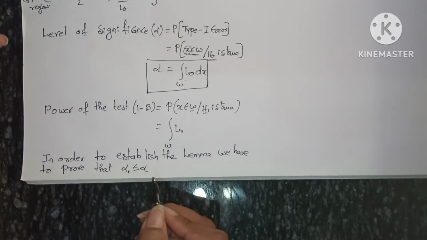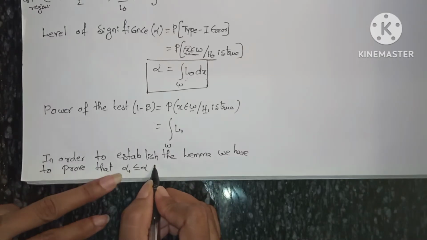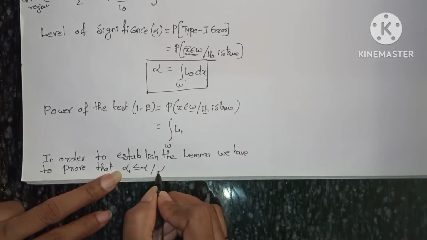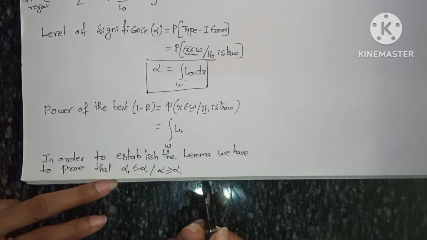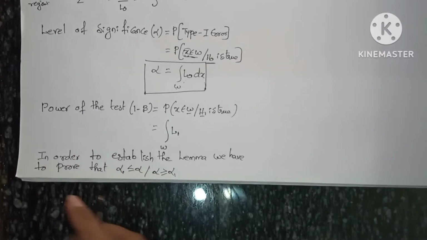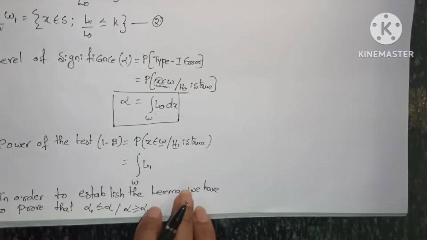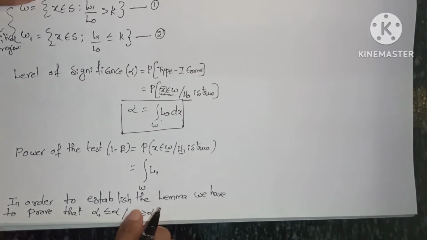That means one set is more powerful than the other. We have to prove that, or else this can be written as alpha greater than or equal to alpha 1 also. Both mean the same. So now we have to establish this.